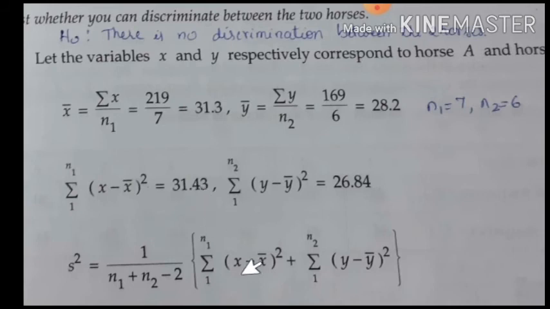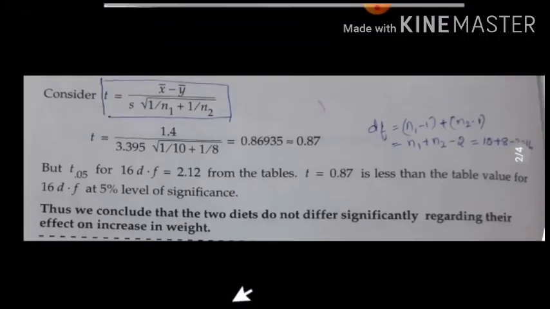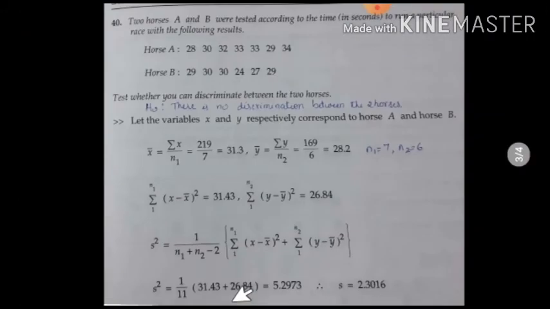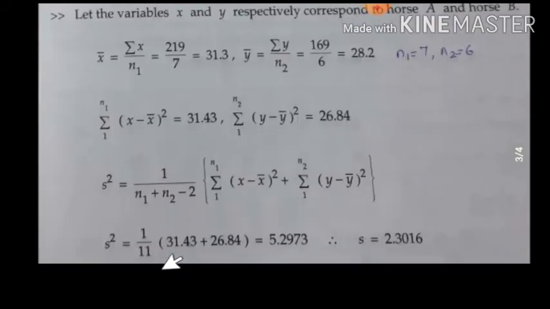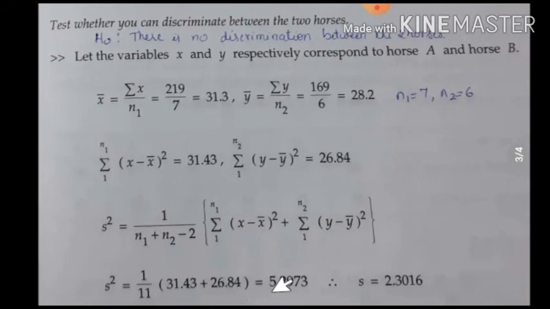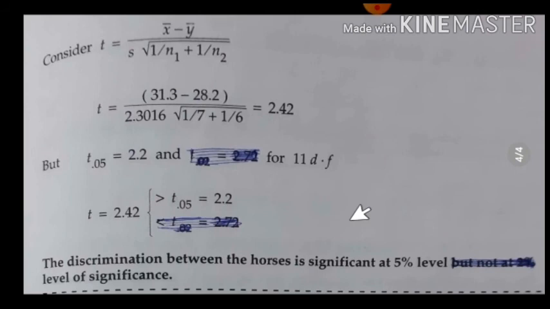Substitute the values, then you get s square. Substituting the value, you get s square as 5.2973. So the standard deviation is the square root of this, which gives 2.3016.